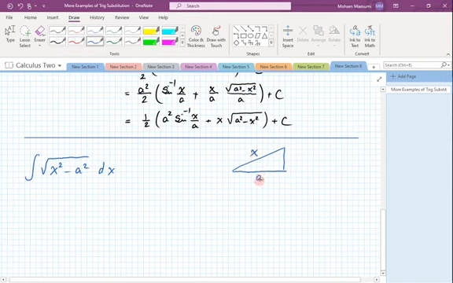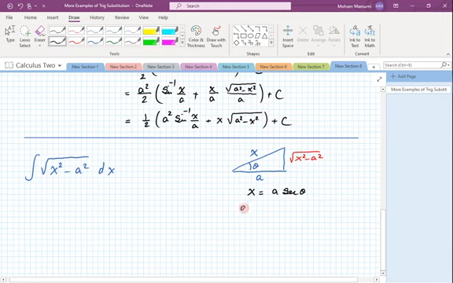To keep it simple, we take the horizontal one and the angle theta, and then of course the third side would be the radical we are interested in. So x is of course a secant of theta, or you can say cosine of theta is a over x, or secant of theta is x over a, and therefore when you multiply by a you'll have x is equal to a secant of theta.